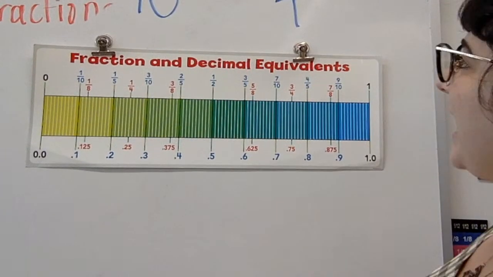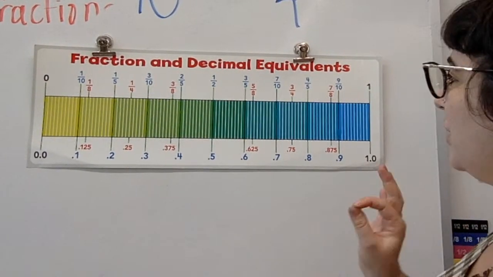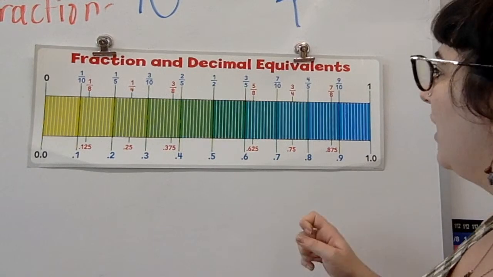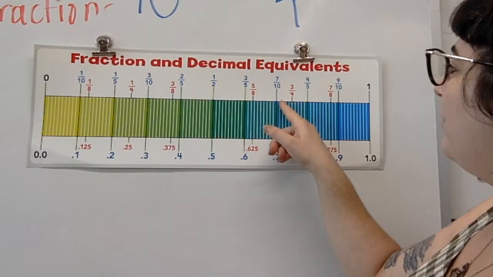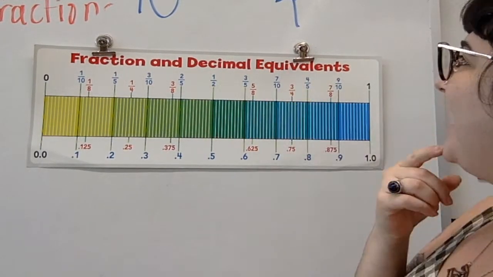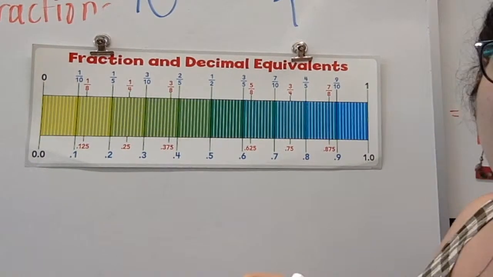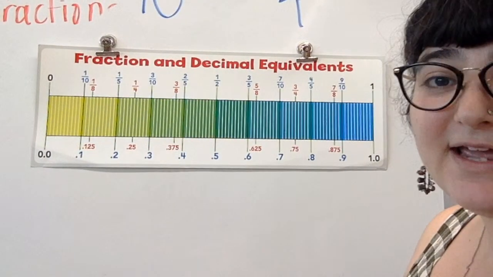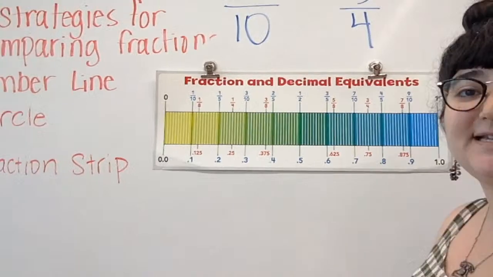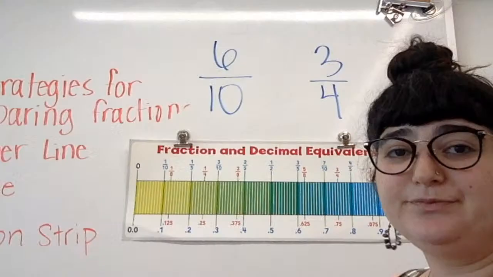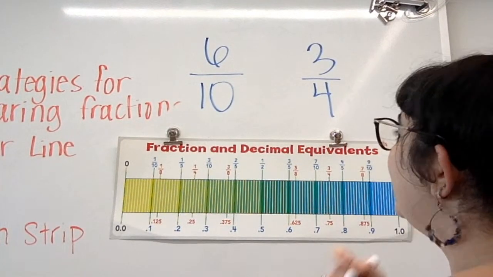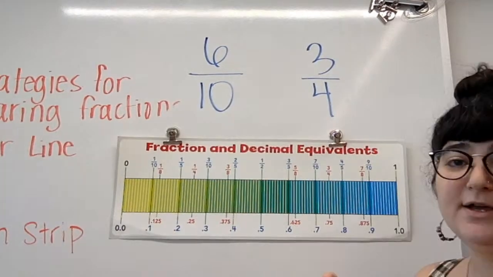So if I'm looking at 6/10, I want to locate where 6/10 is. And really, when I look at this, I know that 6/10 I can simplify, right? If I simplify 6/10 and divide it by 2, that's going to give me 3/5, right?